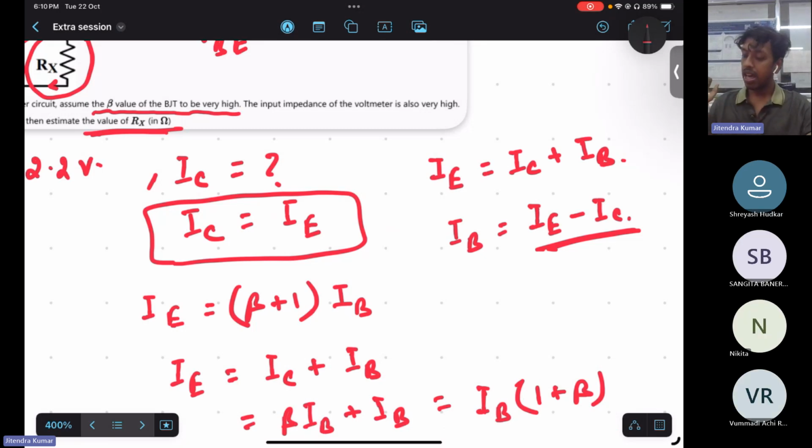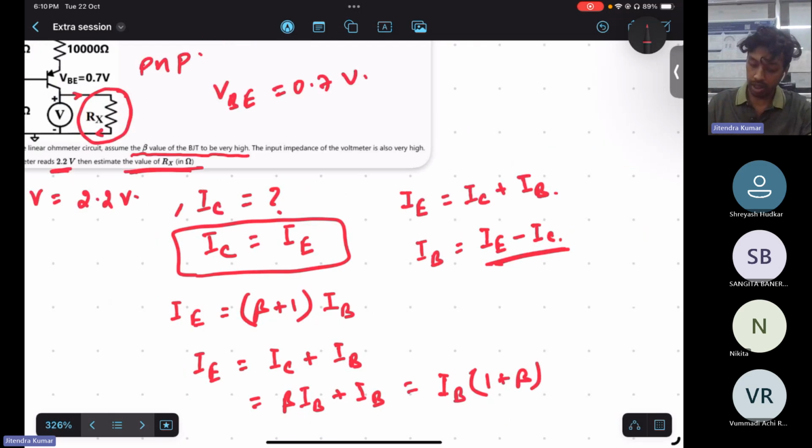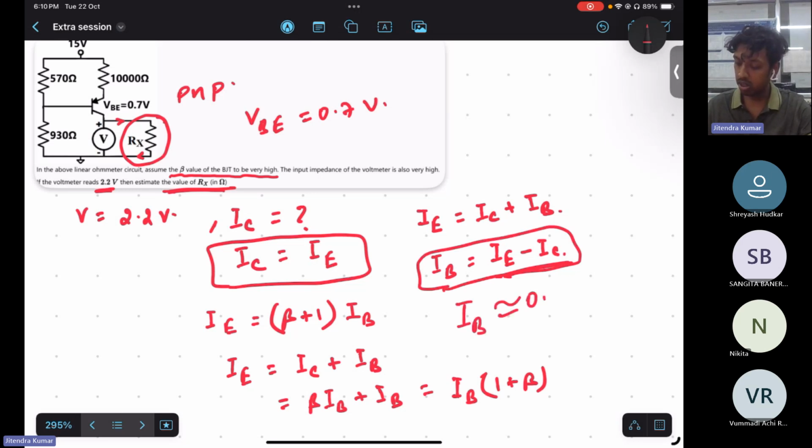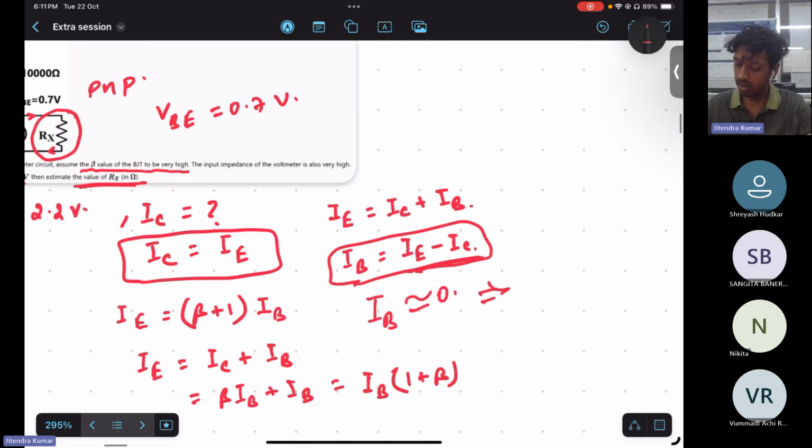If the beta value of the BJT is very high and you manipulate this equation, you will get IB almost equal to 0, which means IE is equal to IC. Is that fine?